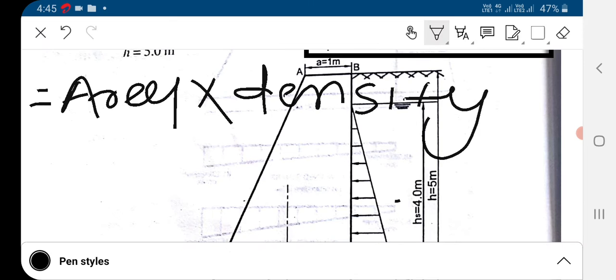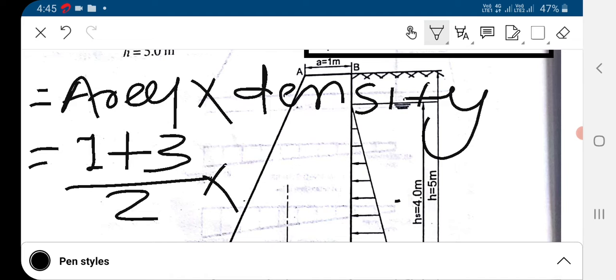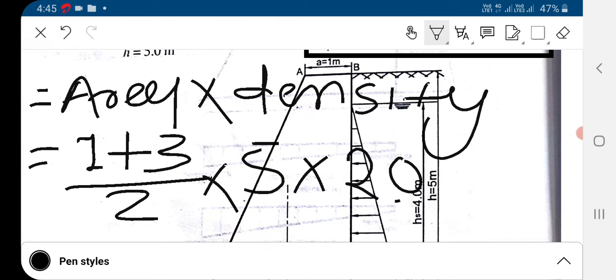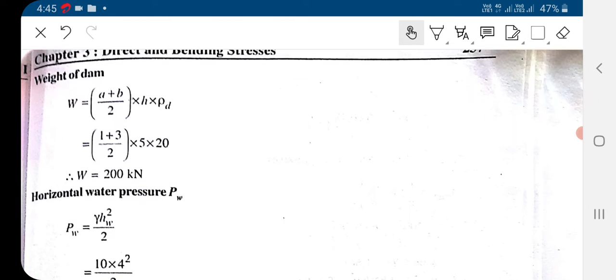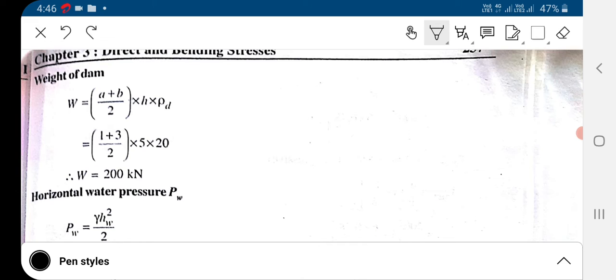The area is top width plus bottom width divided by 2, into height. The top width is 1, the bottom width is 3 meter, divided by 2, into the height, which is given as 5 meter, into the density of material, which is given as 20. Computing this, we get 200 kilonewton.